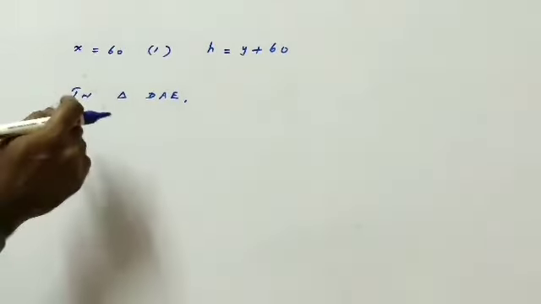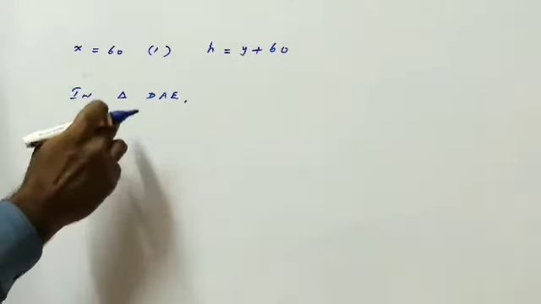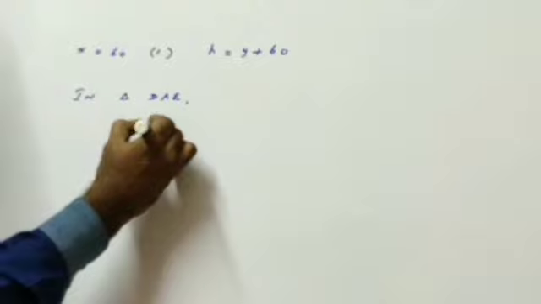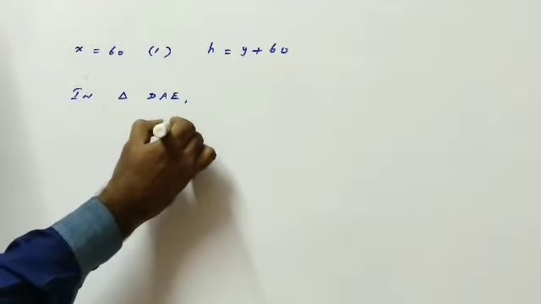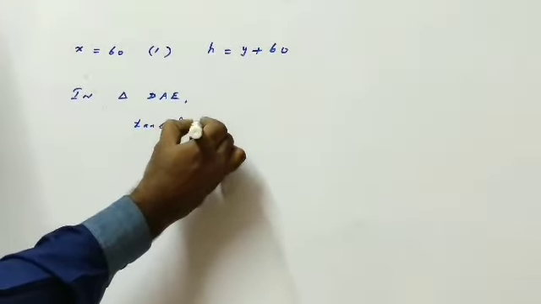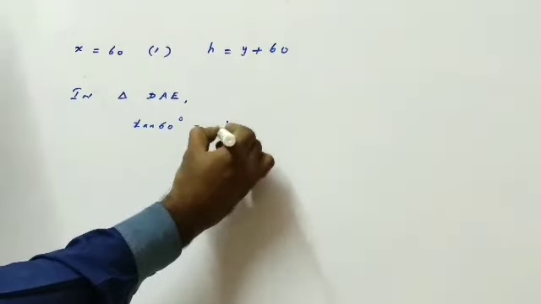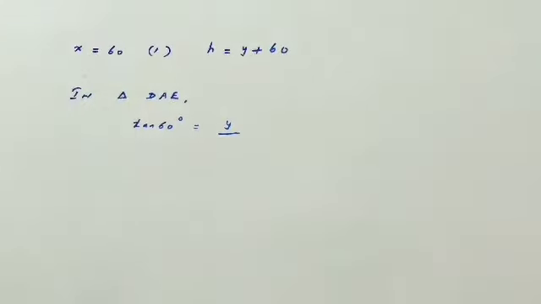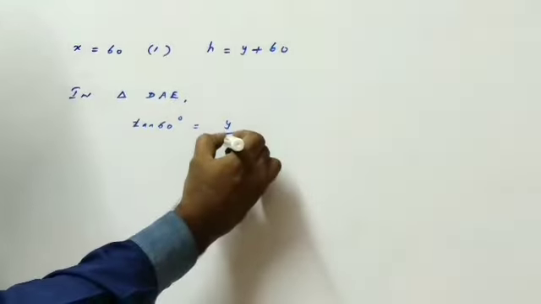We know that X equal to 60 from the first equation, and also H equal to Y plus 60. Now consider the triangle DAE. Here the angle is 60 degree. So tan 60 equal to the opposite side, that is Y, by the adjacent side, that is X. For X we already got the value 60, so substitute 60.